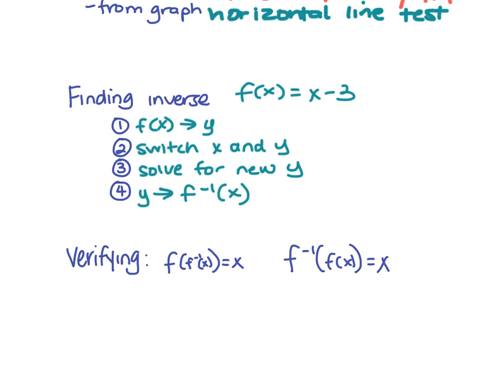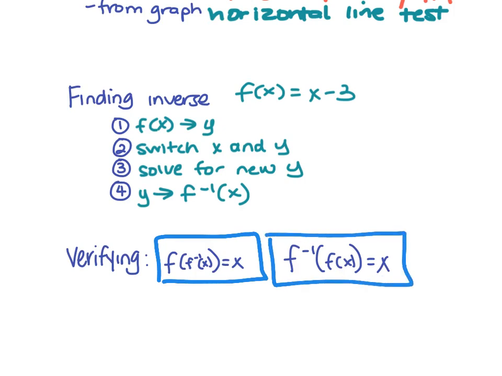And then the way you would check to see if one of these is the inverse of the other, you verify by plugging one of the functions into the other and simplifying. You should get x, both for f negative 1 of f of x and f of f negative 1 of x.